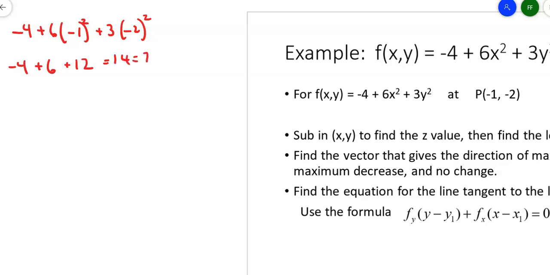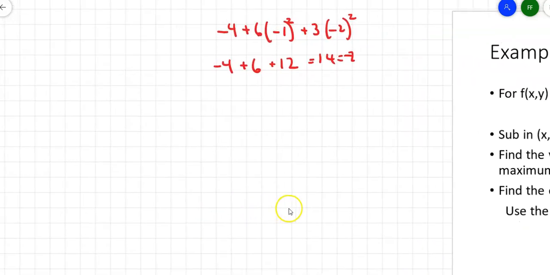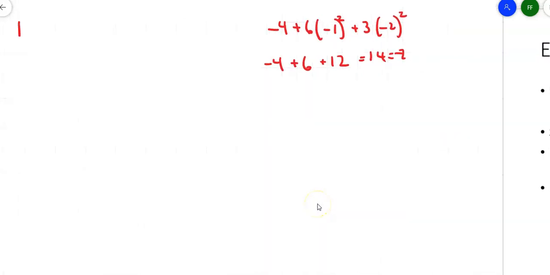So that's my z value, which means that at the point (-1, -2), the z value is 14. So I have a point, (-1, -2, 14). Great. Now let's see what those level curves look like at z sub 0 equals 14.